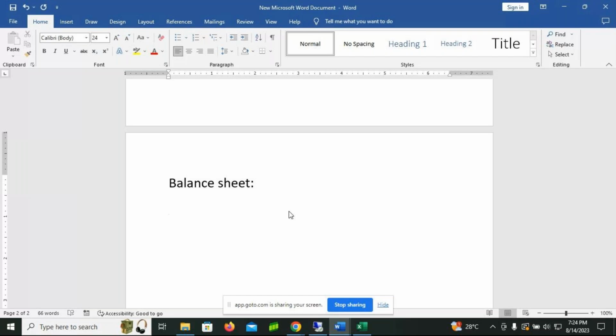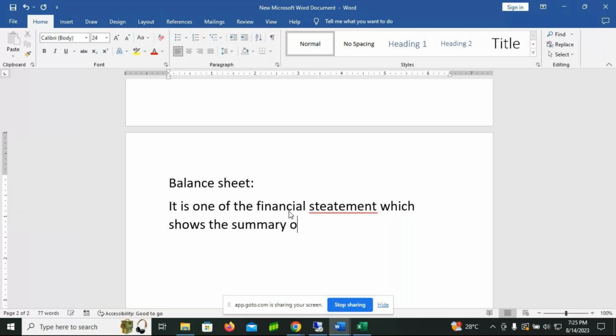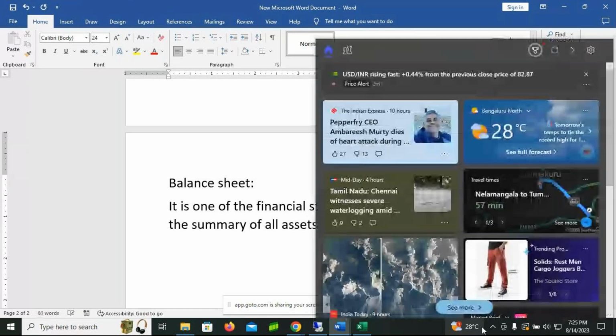So what is a balance sheet? It is one of the financial statements which shows the summary of all assets and liabilities.